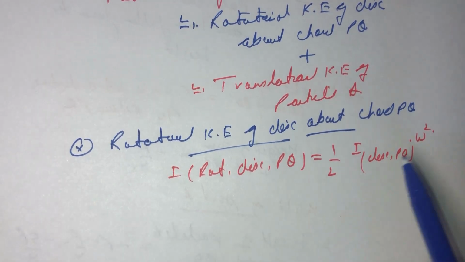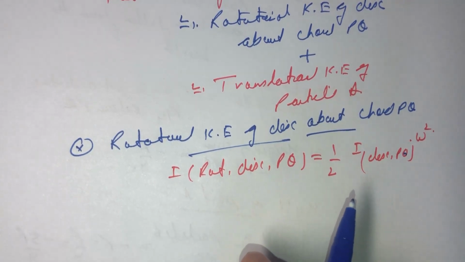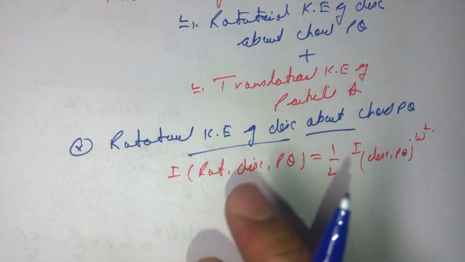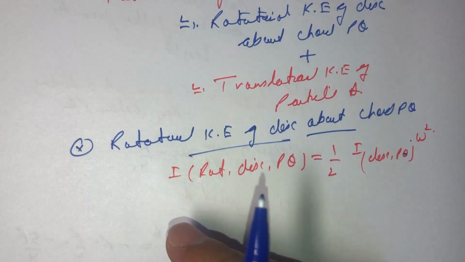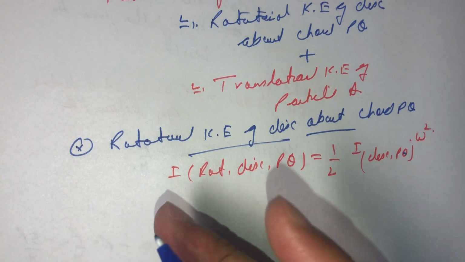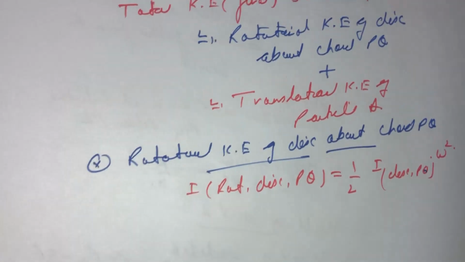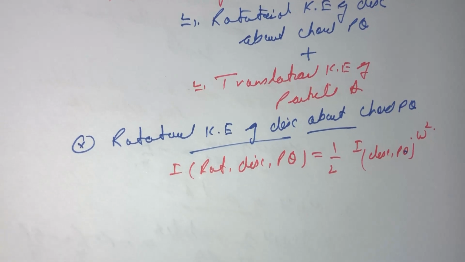So we have to find out the moment of inertia of the disk about chord PQ. For that we are going to use the parallel axis theorem, and we know the formula for the moment of inertia of the disk about its diameter. Then using the parallel axis theorem we will find the moment of inertia of the disk about chord PQ.